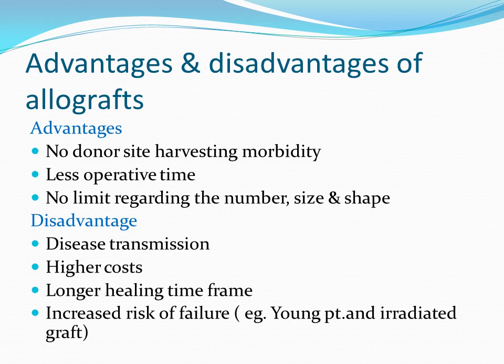So if a situation arises, we can have any number and size of them, provided it is available. Disadvantages are that it has a potential for disease transmission. It has higher costs, a longer healing time frame, and there is definitely an increased risk of failure, particularly in young patients and with irradiated grafts.